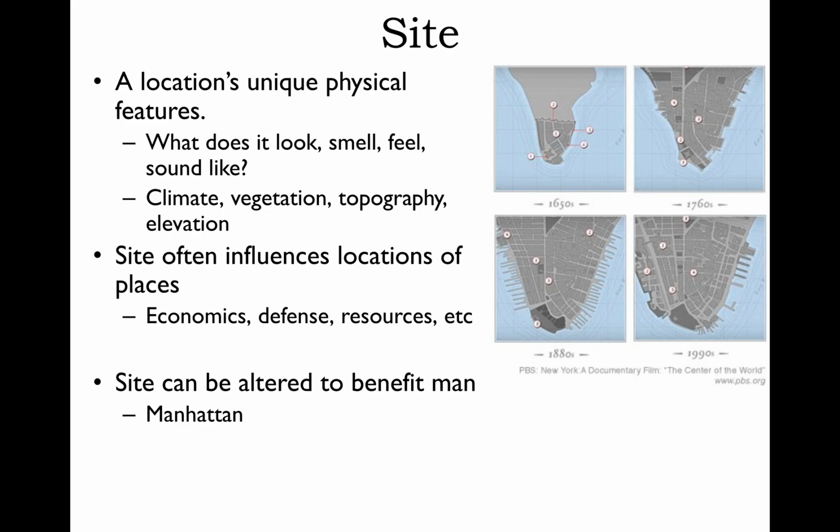We look at the lithosphere, the atmosphere, vegetation, the biosphere, the topography and elevation. Site often influences locations because of that unique or common characteristic for defense throughout history, maybe a high cliff or an escarpment like Fort Snelling in or near Minneapolis.